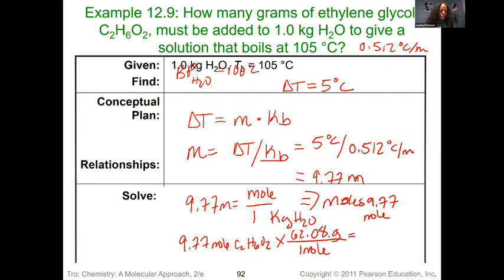If we now multiply that by 9.77, we end up with a total of 606.52. For sig fig purposes, we could round this off to 606 or 607 grams that we would be adding to this substance.